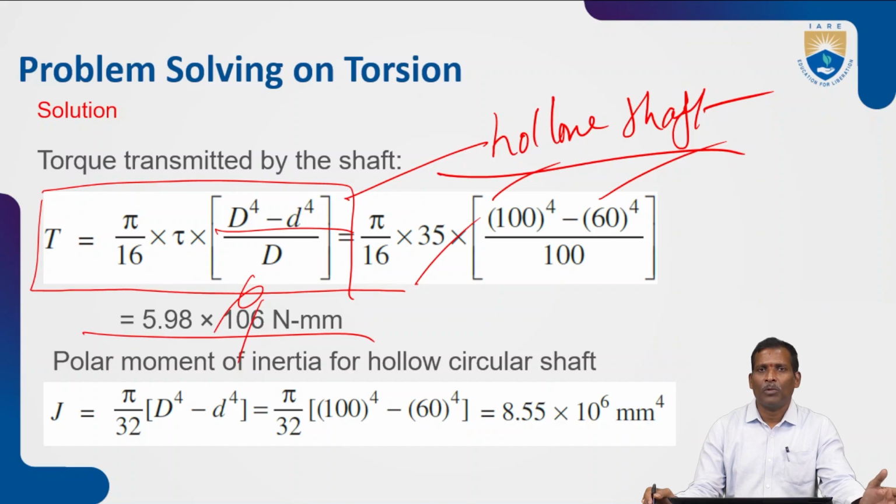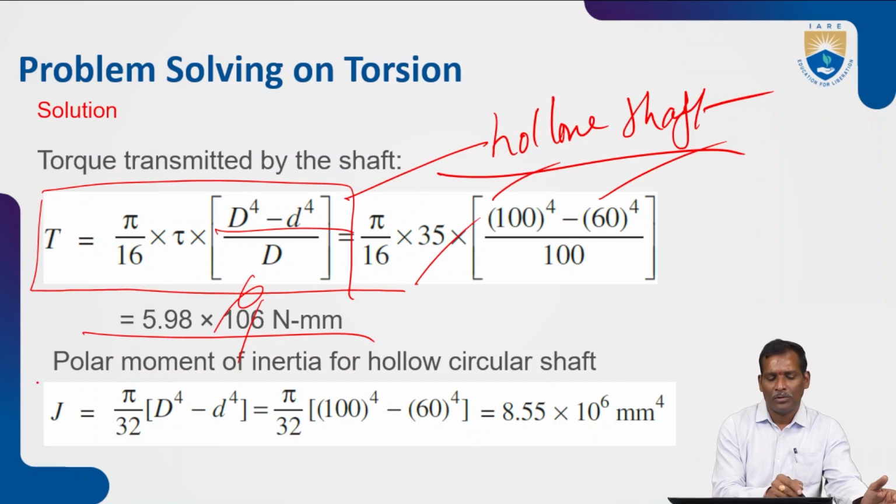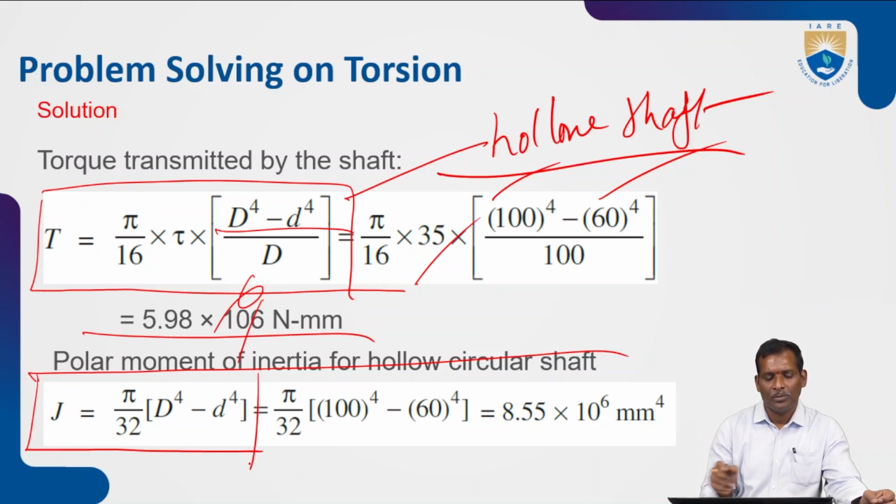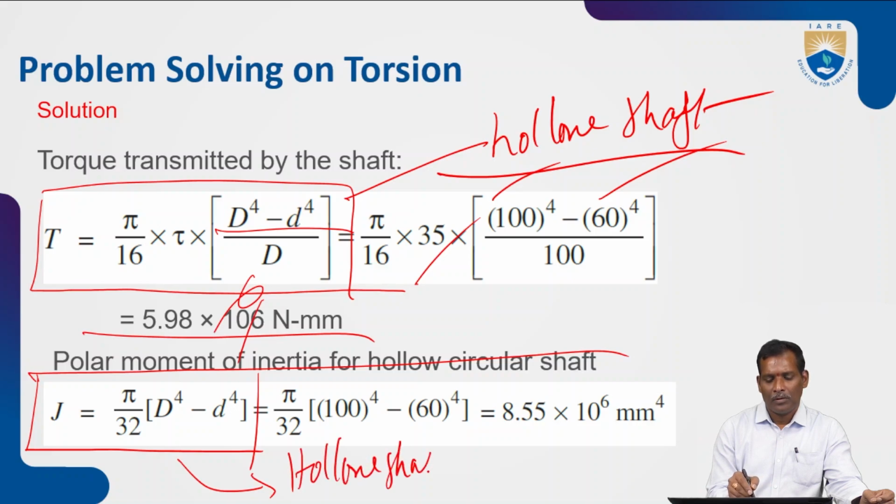Now calculate the polar moment of inertia for a hollow circular shaft. So that is J is equal to pi by 32 into (D to the power of 4 minus d to the power of 4). This is for a hollow shaft.